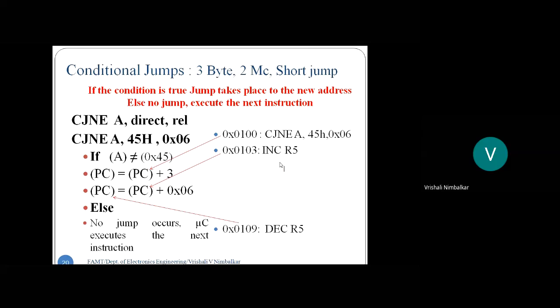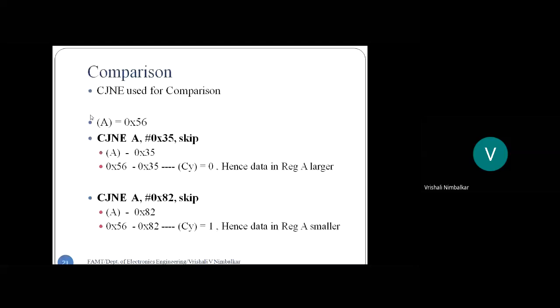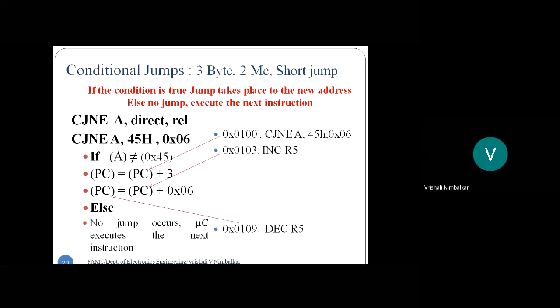Now I told you all CJNE can be used to find whether I have a larger number or a smaller number. How do I do that? See, for example, it is written CJNE A comma hash 35 hex comma skip. Now see, students, whenever we write instructions, we do not give the relative number.